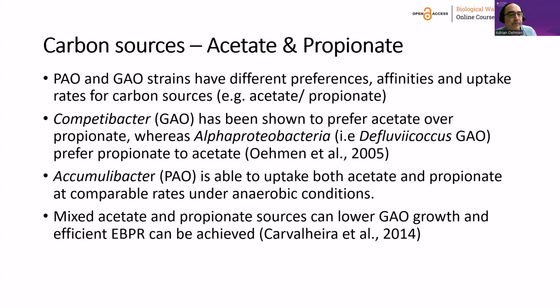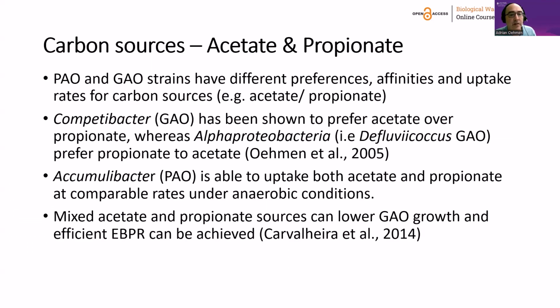So importantly, in terms of the type of VFA, acetate and propionate, it's been found that different POW and GAO organisms or strains have different preferences, affinities and uptake rates for carbon sources, be it acetate or propionate.